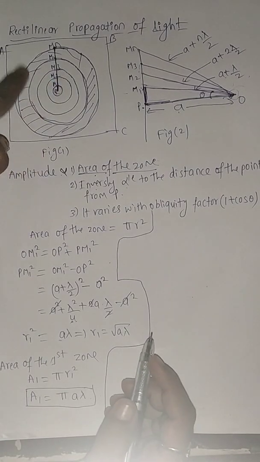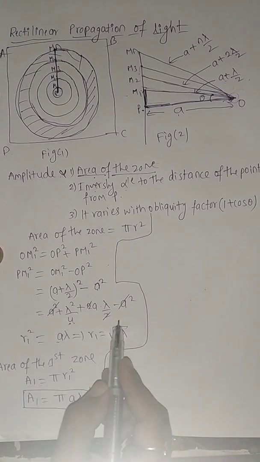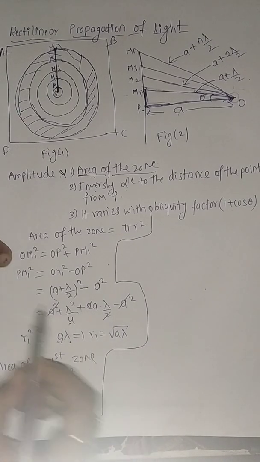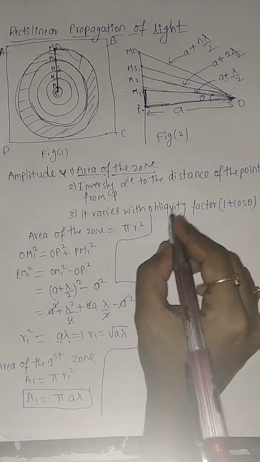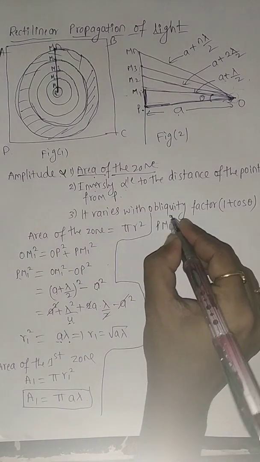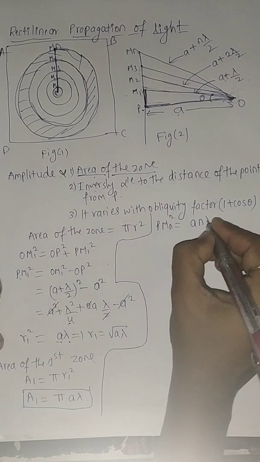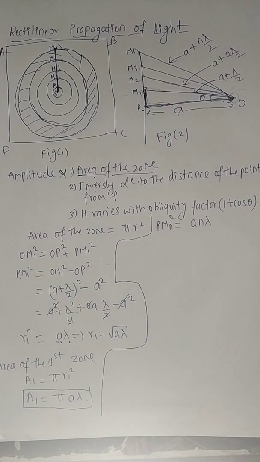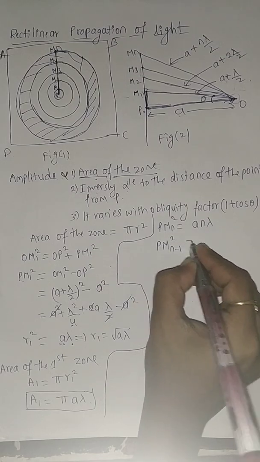First calculate the PMn square value. According to this, PM1 square is equal to a lambda. If PM2 square was there, we would have 2 a lambda. Like that, PMn square we get as n a lambda.